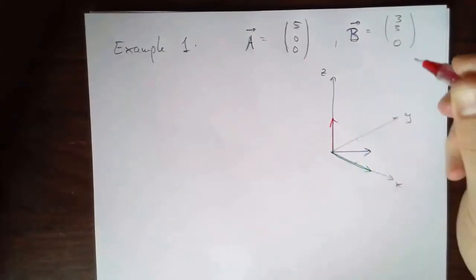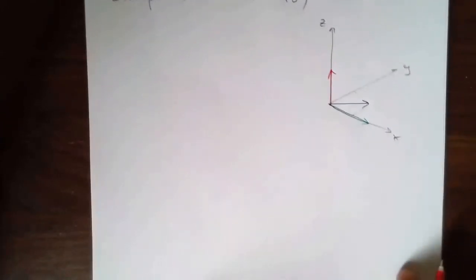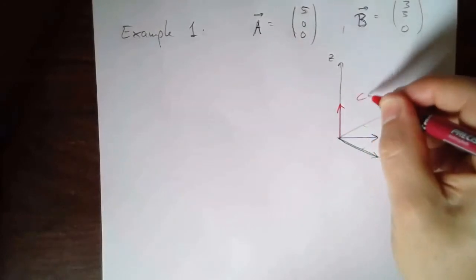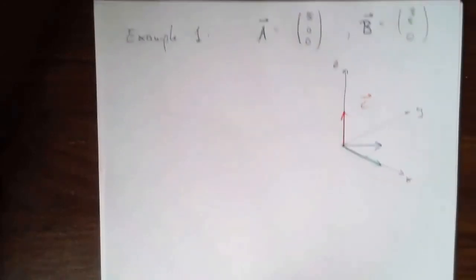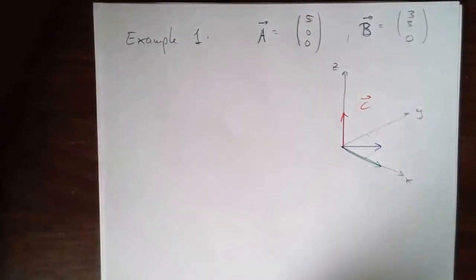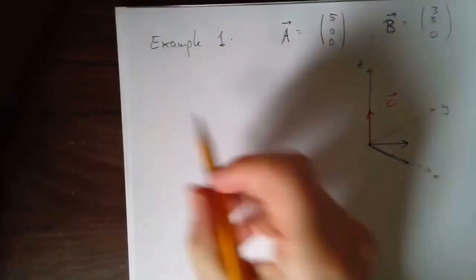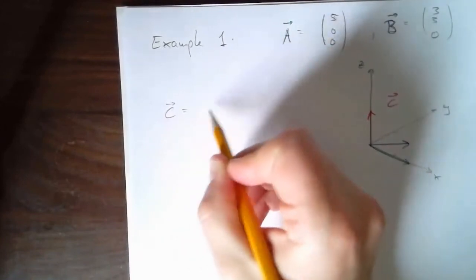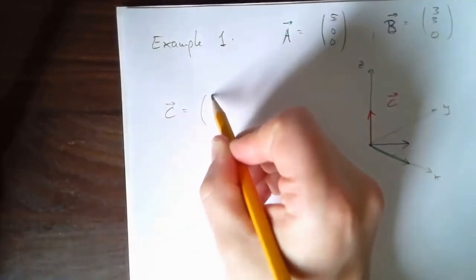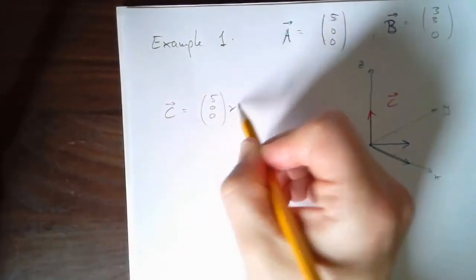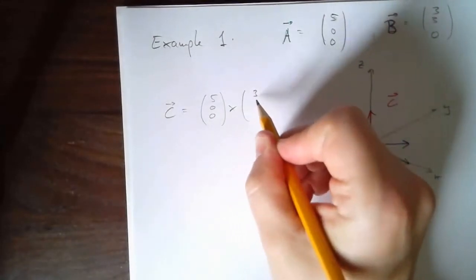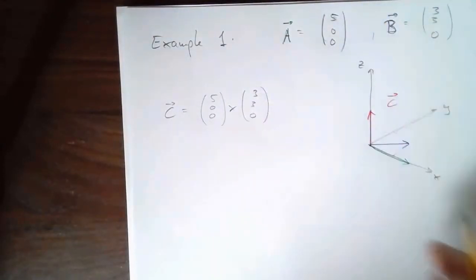No X or Y components. Let's check algebraically that that's true. So C is A cross B, so 5, 0, 0 cross 3, 3, 0.